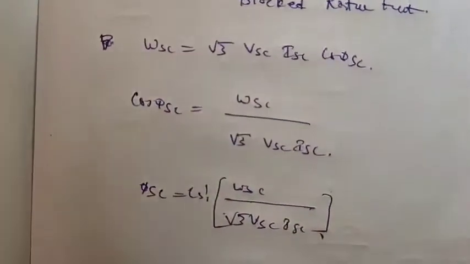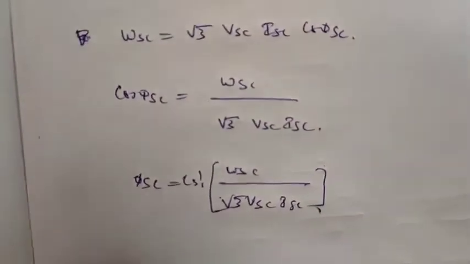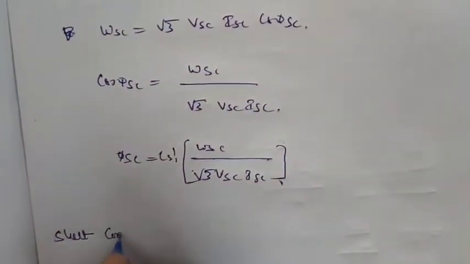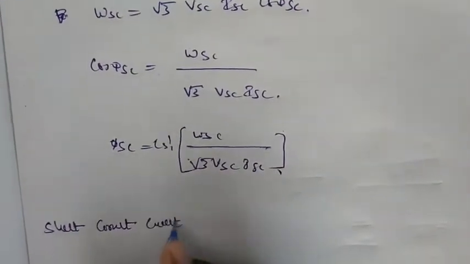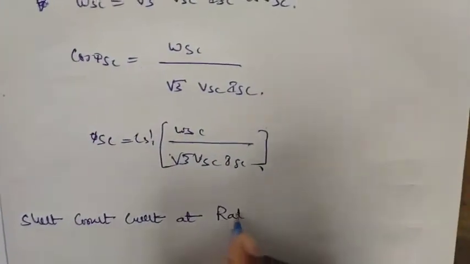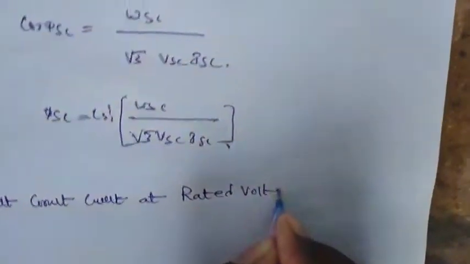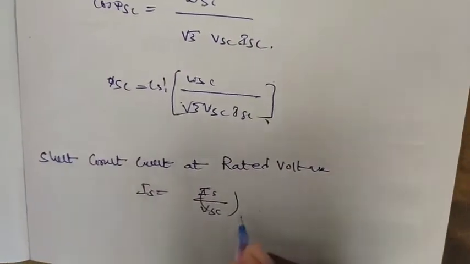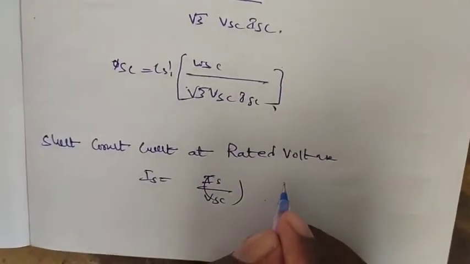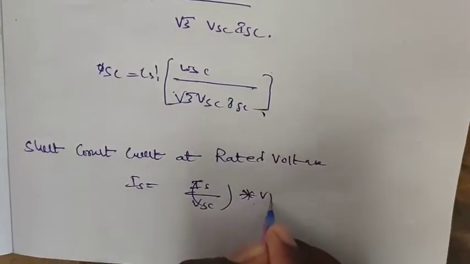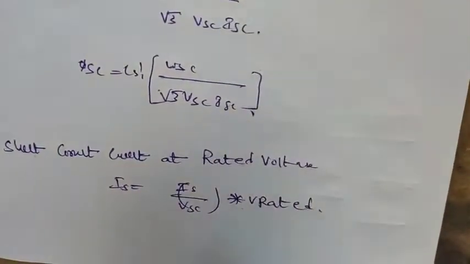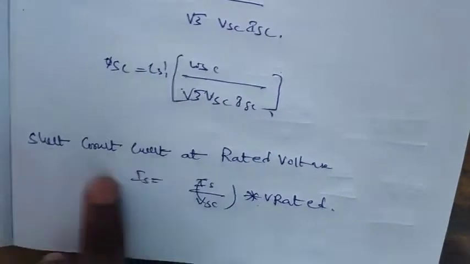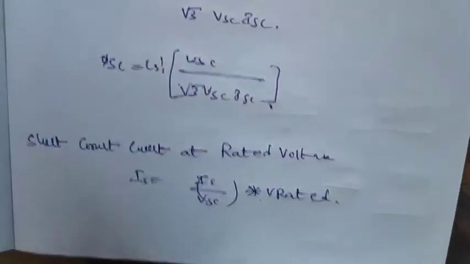After that we can calculate the short circuit current at rated voltage. Short circuit current at rated voltage, that is ISN equals ISC by VSC into V rated, using the formula.